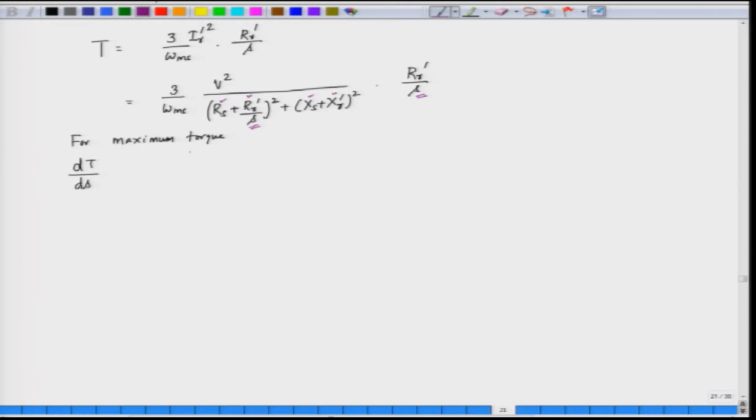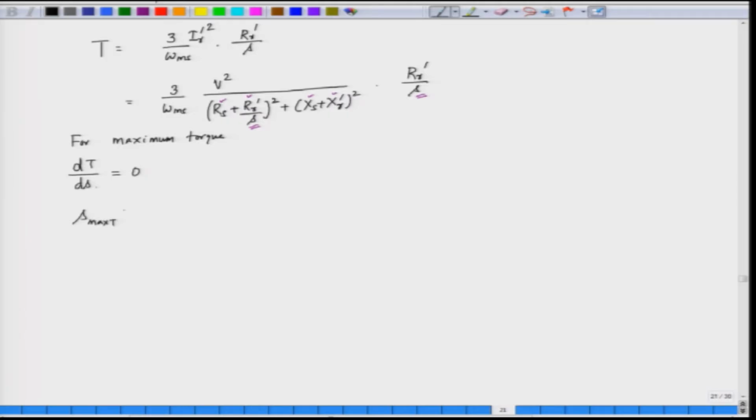So, for the maximum torque, dT by ds has to be equal to 0. So, we differentiate the torque with respect to slip and equate that to 0, and when we simplify, we get the slip for maximum torque.